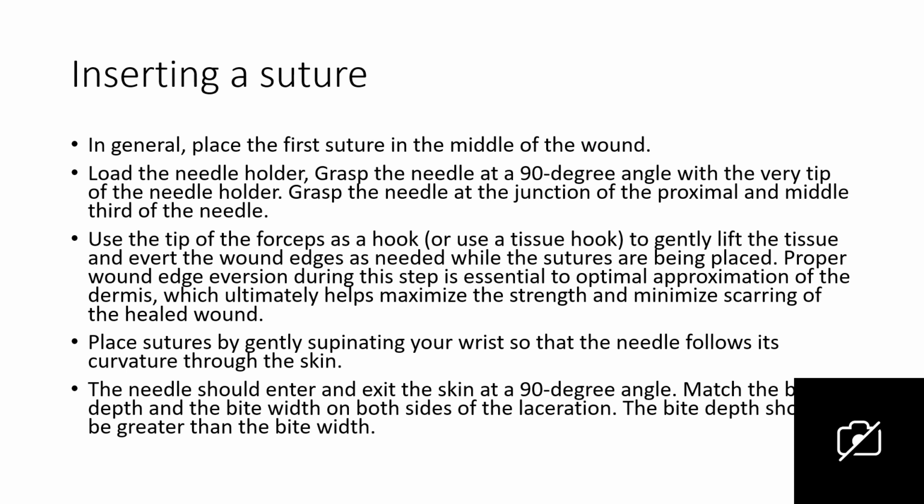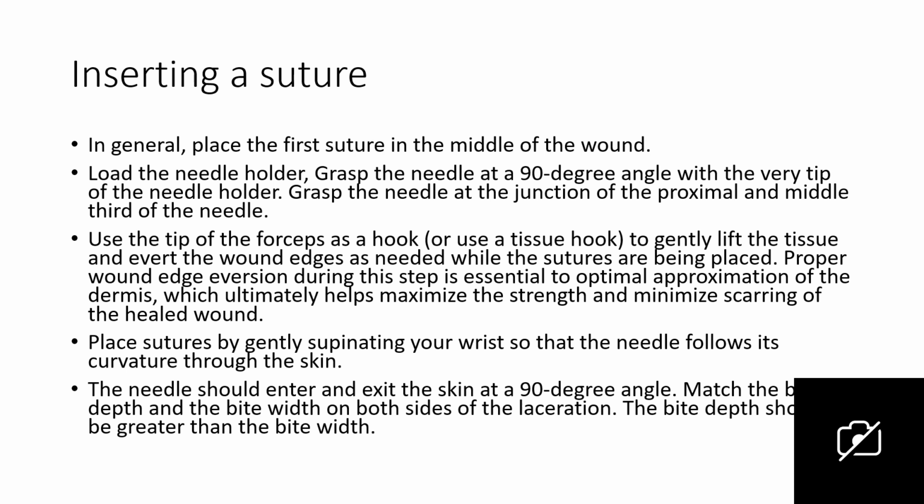Use the tip of the forceps as a hook, or use a skin tissue hook, to gently lift the tissue and evert the wound edges as needed while the sutures are being placed. Proper wound edge eversion during this step is essential to get optimal approximation of the dermis, which ultimately helps maximize the strength and minimize scar of the healed wound.